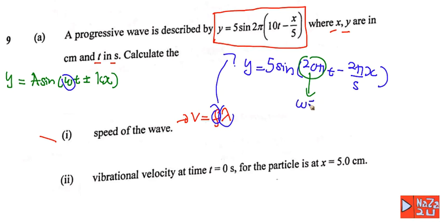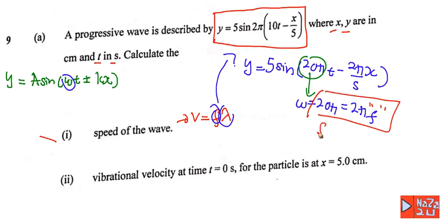Omega here is equal to 20π, and omega is also equal to 2πf. Now you can find the frequency. The frequency is 10 hertz.